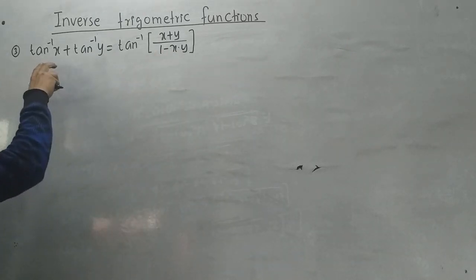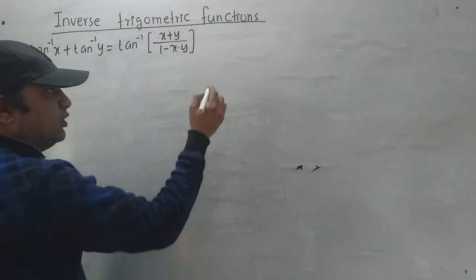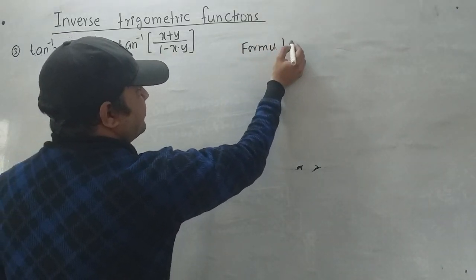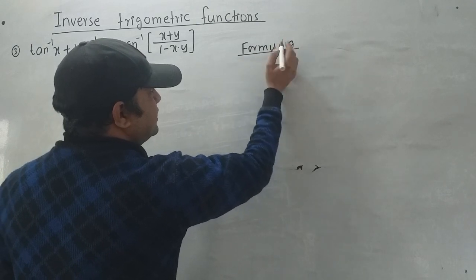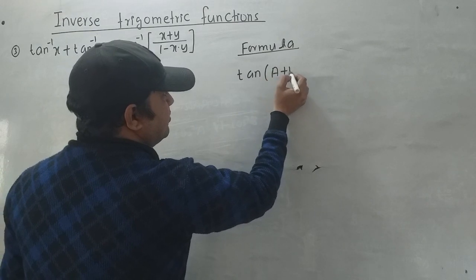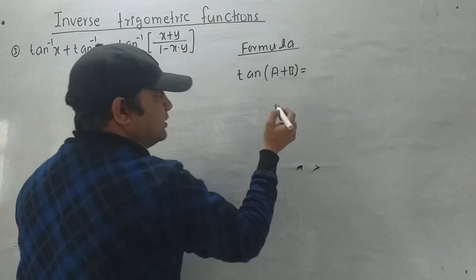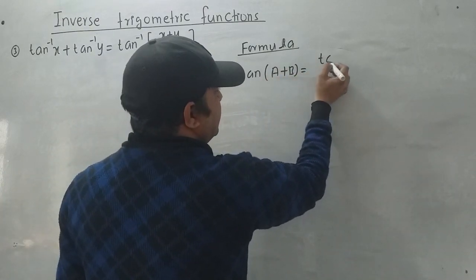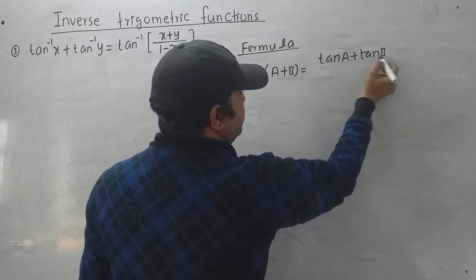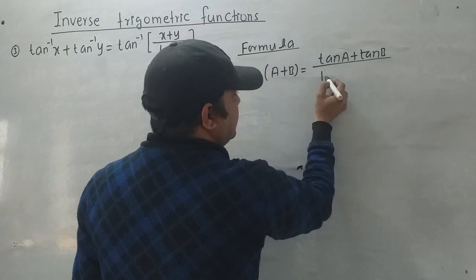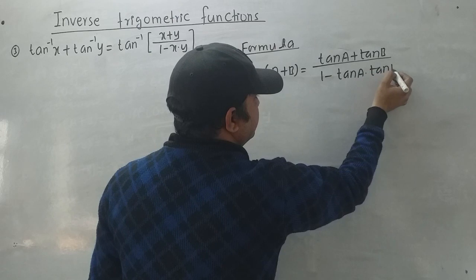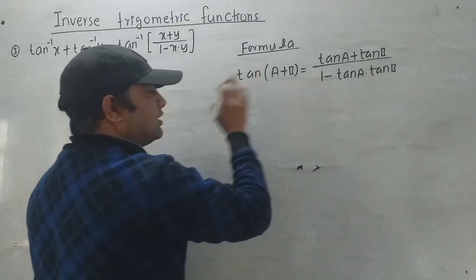But before proceeding to this formula, we must know the basic trigonometric formula. So the formula here is tan A plus B. You need to remember the basic formula which you have studied earlier. Tan A plus B can be replaced by tan A plus tan B whole divided by 1 minus tan A times tan B. So this formula will be applicable here.